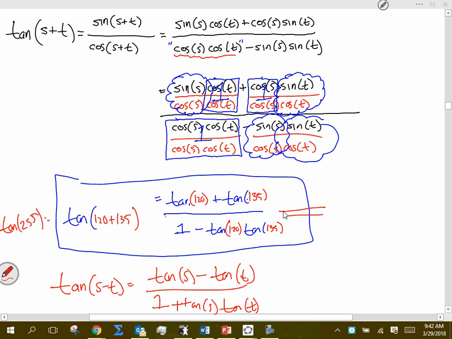We can now say that this is equal to tangent of 120, which we just said was negative radical 3, tangent of 135 is negative 1, tangent of 120 again negative radical 3, tangent 135 negative 1.